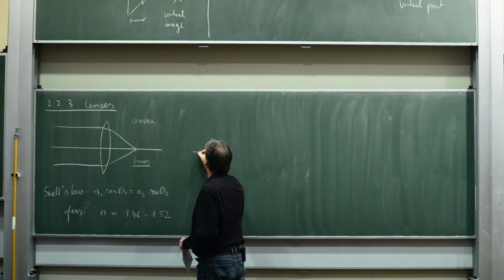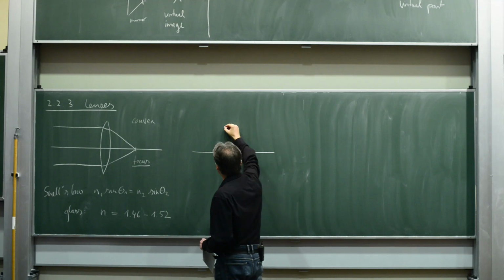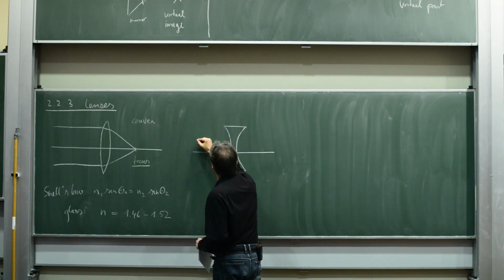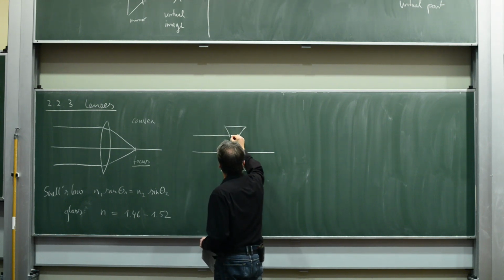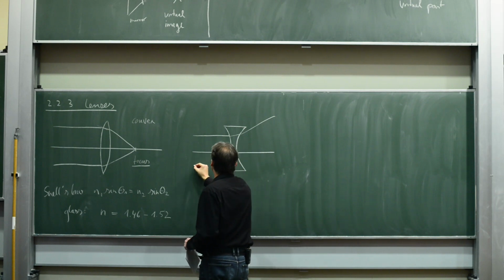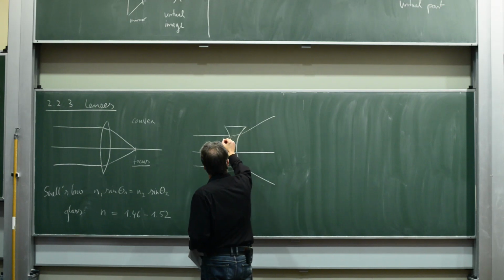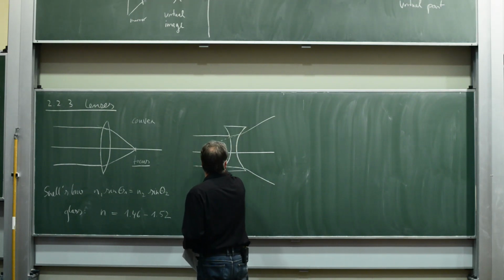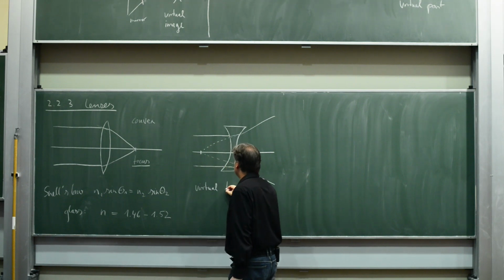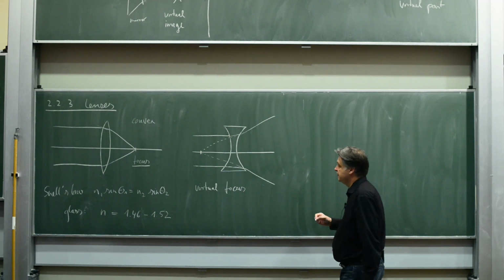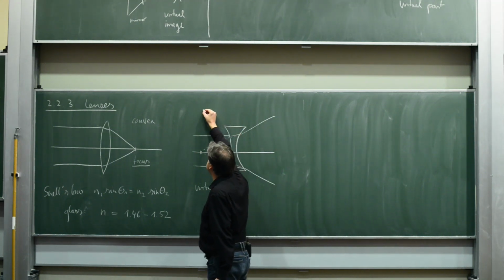And now the opposite, a concave lens. And here the light is bent outwards. And if we would extend this line in the opposite direction, we would get a virtual focus on the opposite side. This is a concave lens.